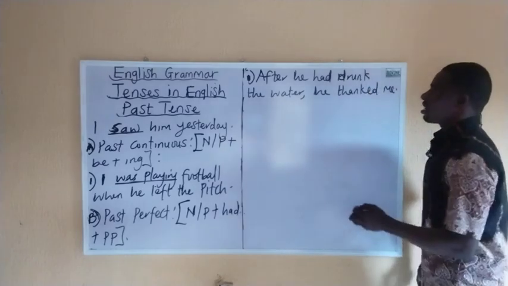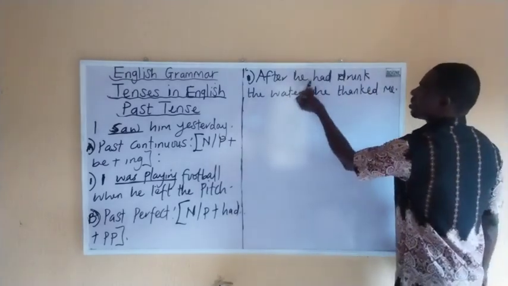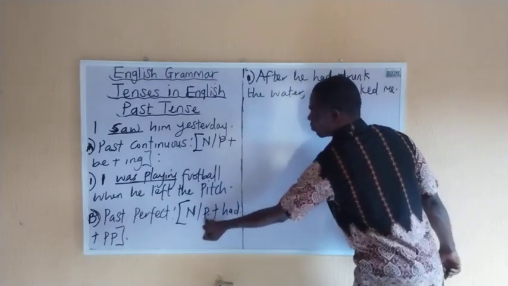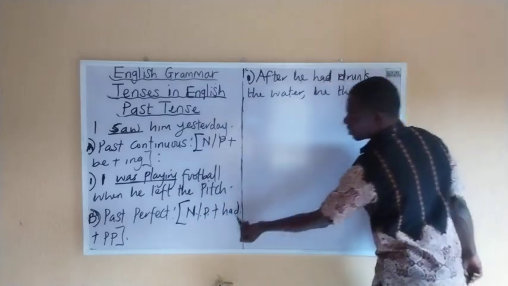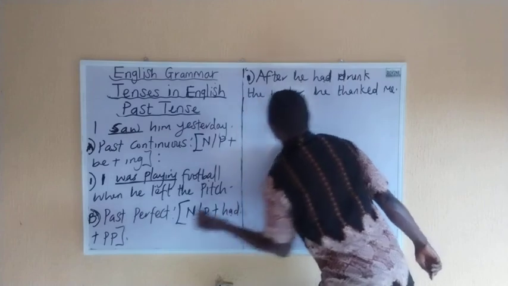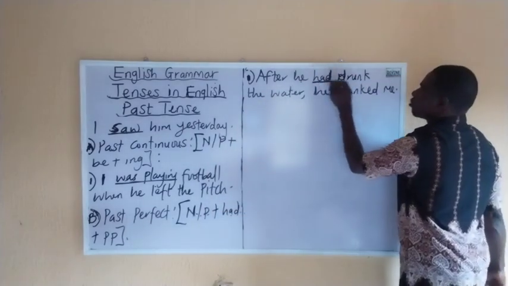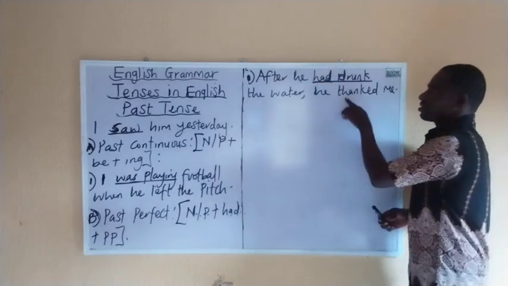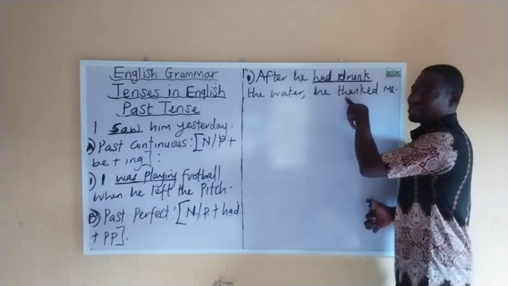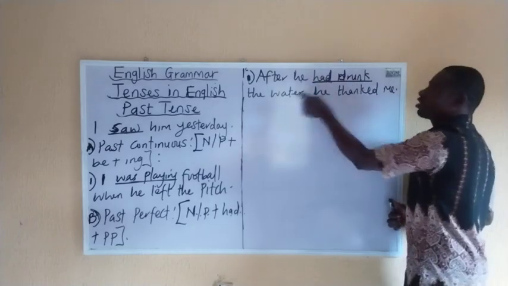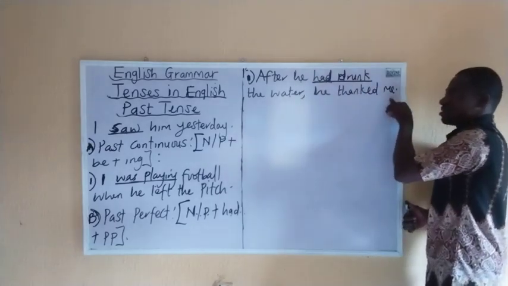Let's see this now. He here is from the pronoun, then had is from the auxiliary had, then drunk is from the past participle. So had drunk simply means that before he thanked me, he had finished drinking the water. So after he had drunk the water, he thanked me.